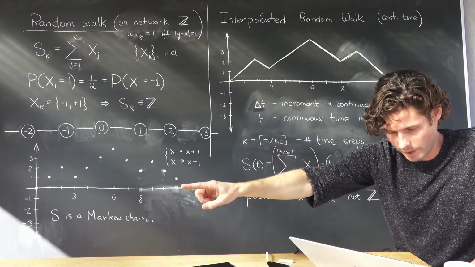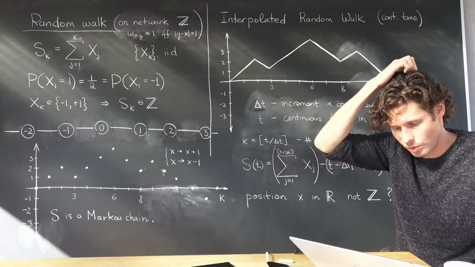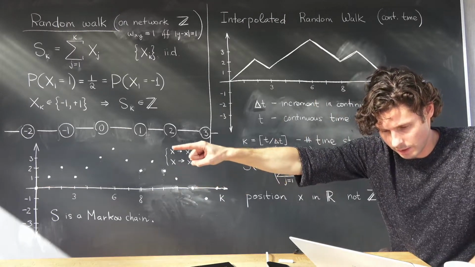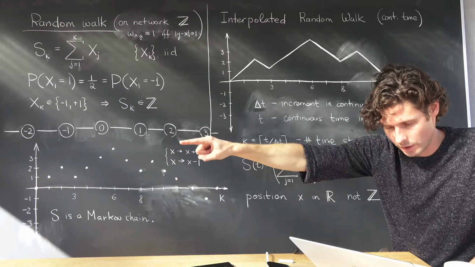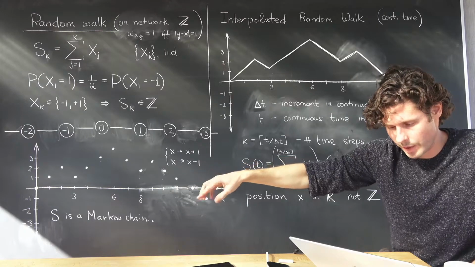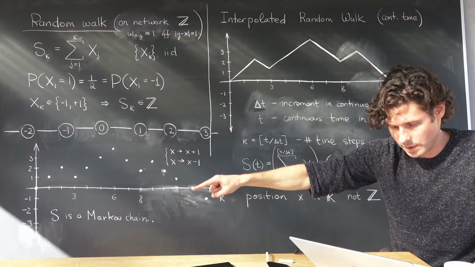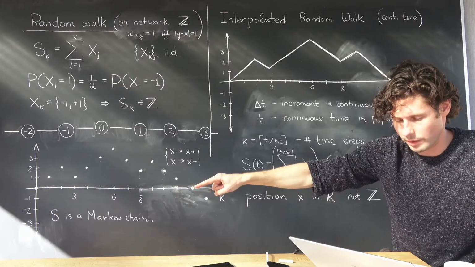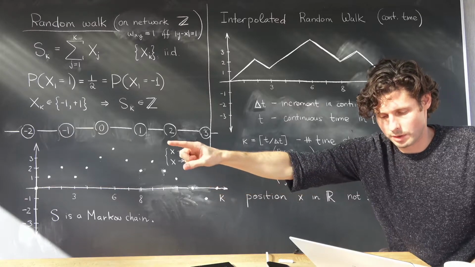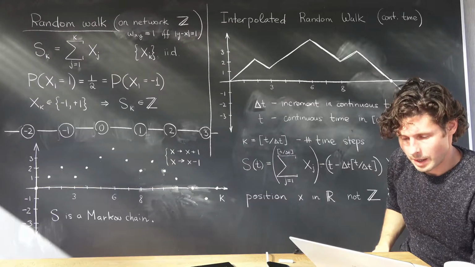I've started over there at 0, then I moved over to 1 at time 1, I moved to 2 at time 2, I moved down to 1 at time 3, then by time 6 it looks like I'm in state 4, went down to state 2 at time 8, and so on and so forth. And here I don't know what time this is, 9, 10, 11, 12. At time 12 I hit 0, and then the random walk became negative, so it transitioned from 0 to -1, and so on and so forth.